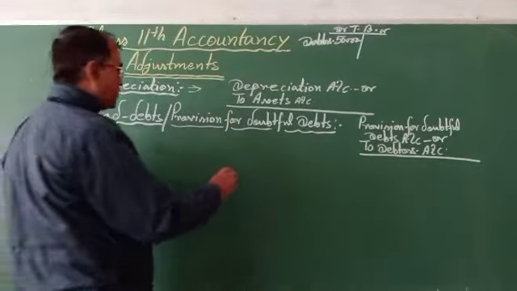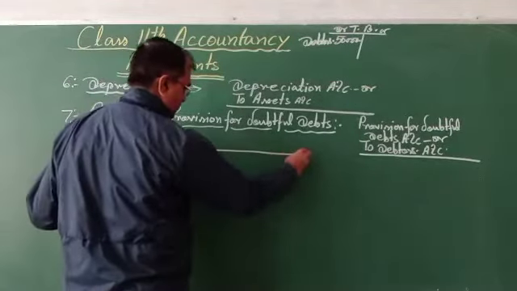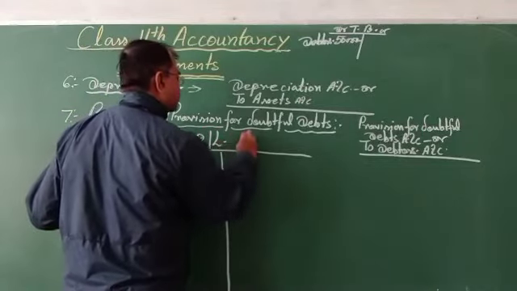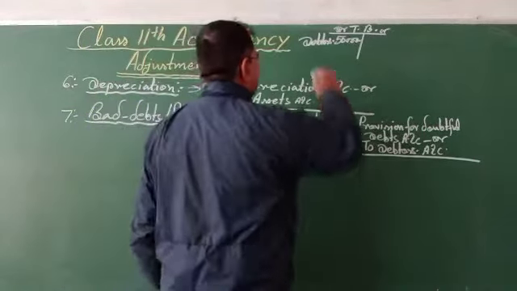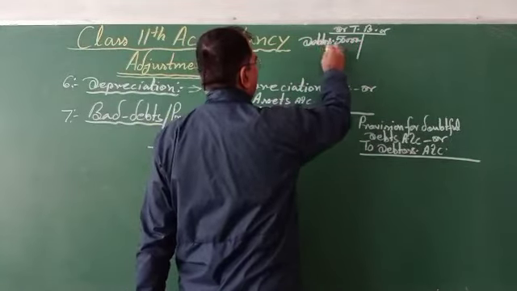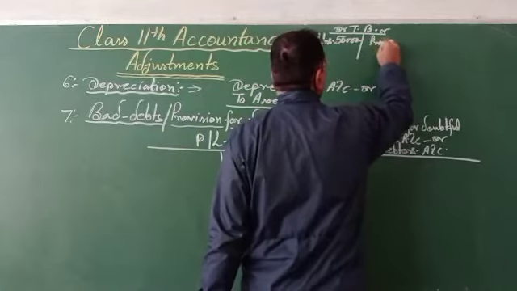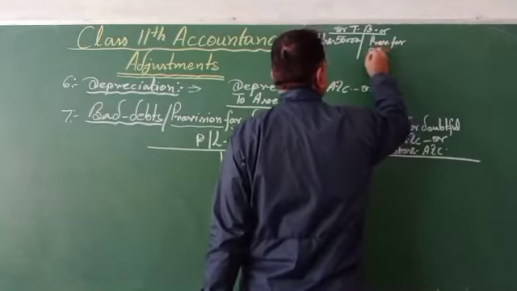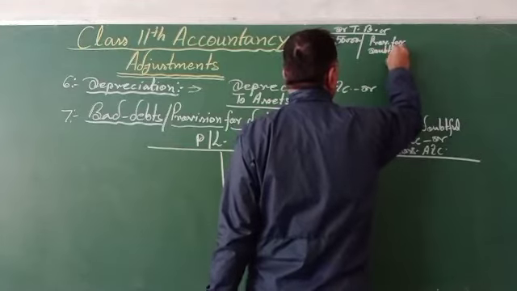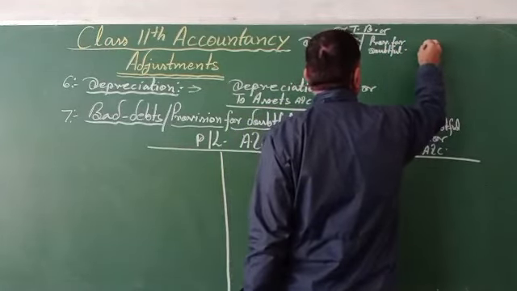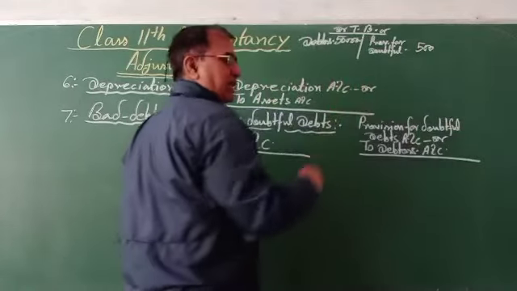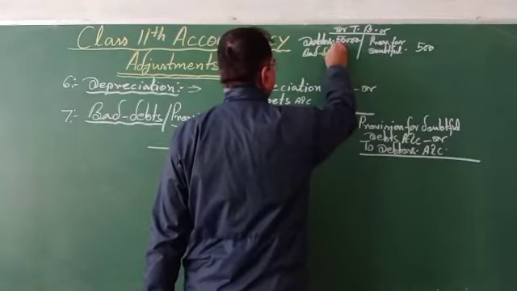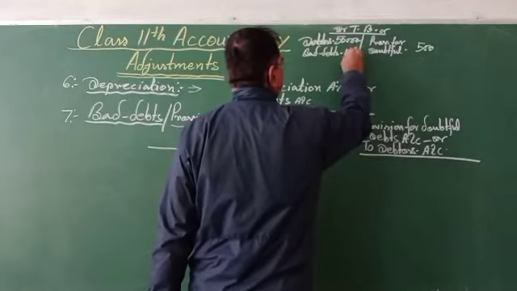Then in the profit and loss account, suppose on the credit side, provision for doubtful debts is given in the trial balance as 500, and bad debts are given as 1,000.